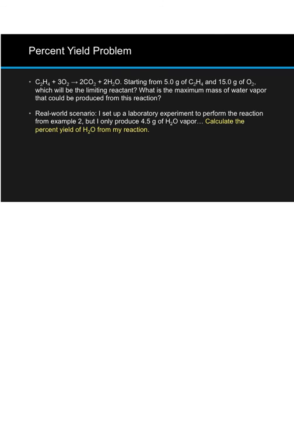Given the previous problem then, if we actually carry out this combustion reaction and produce just 4.5 grams worth of water vapor, what is the percent yield of water from this reaction? The percent yield is given by an equation, actual divided by theoretical yield, multiplied by 100. In our example here, 4.5 grams worth of water actually produced when we carry out this experiment is the actual yield.